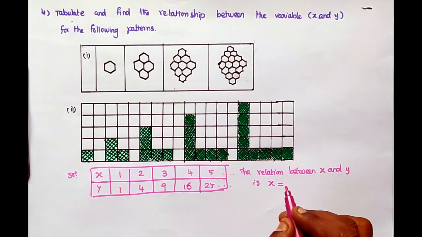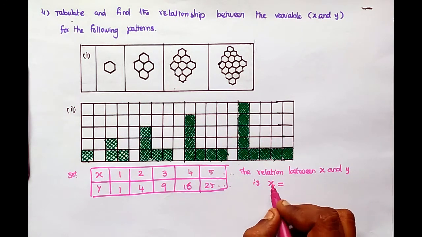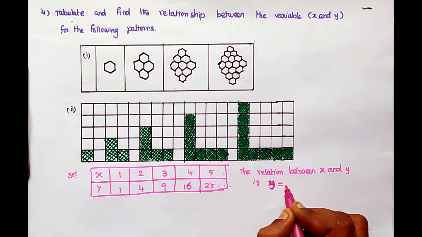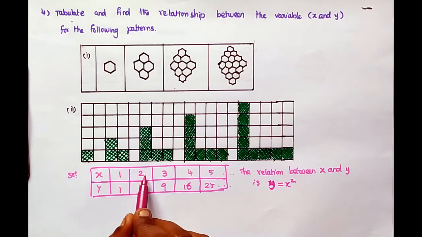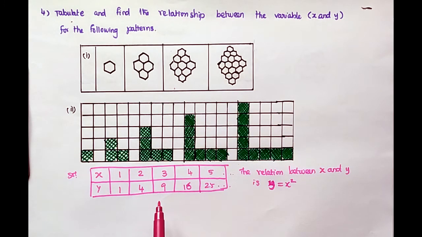So that is x squared, y equal to x squared. 1 squared means 1, 2 squared is 4, 3 squared is 9.